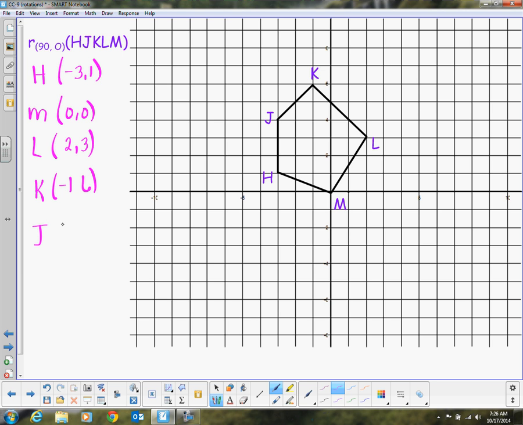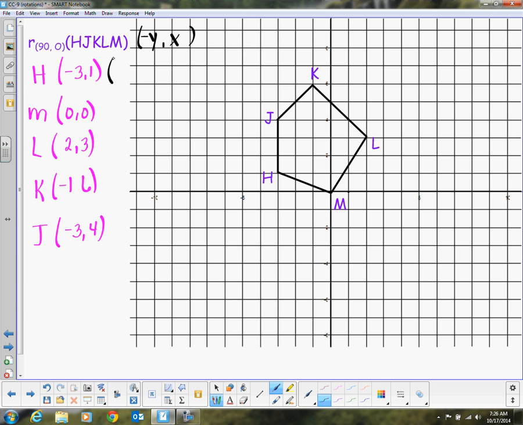And Karen, what are the coordinates of J? Negative 3, 4? Okay. So for a 90-degree rotation, Devin, what's the rule? You have to flip them, so it should be y, comma, x, and then what? The opposite of the first.